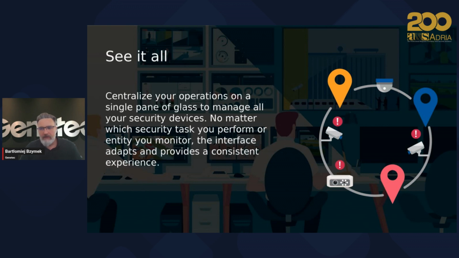In all of these aspects, you have a centralized possibility to see operations on a single panel, using only one interface to connect to a variety of devices, to check the firmware, to check the health status of devices, and to check the location of a device and how it is acting in your security ecosystem.